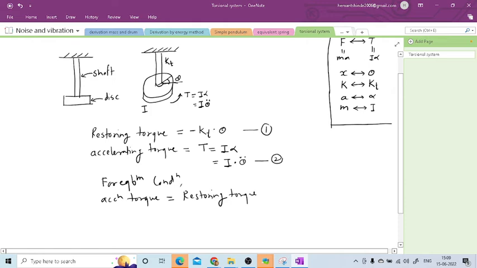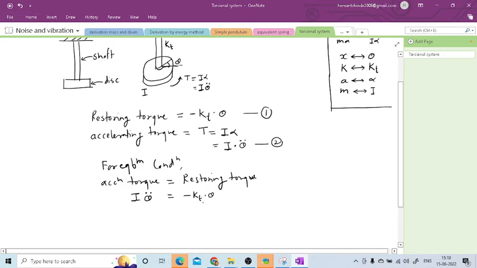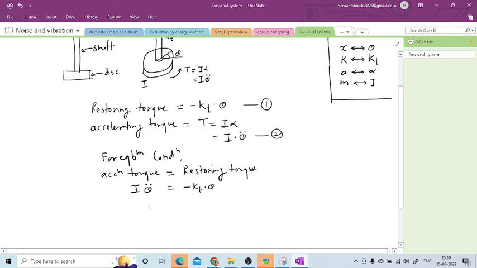Now write the accelerating torque from equation number 2, that is I theta double dot is equal to the restoring torque, which is minus k into theta. Now transfer this minus term to that side.